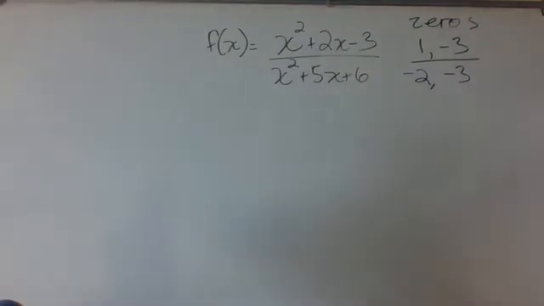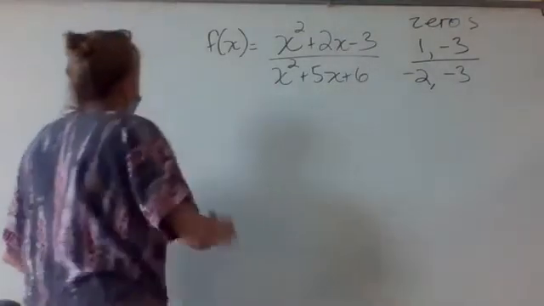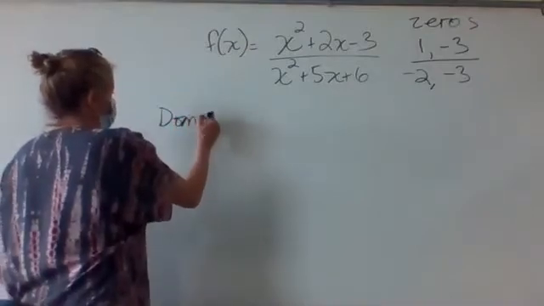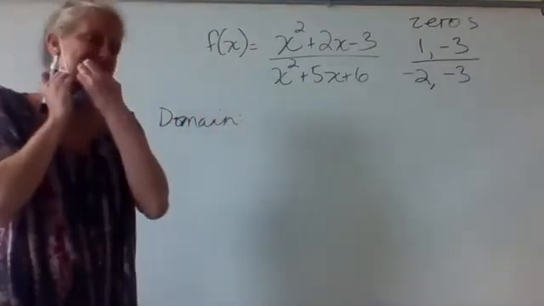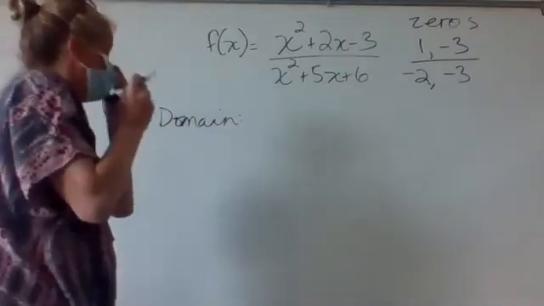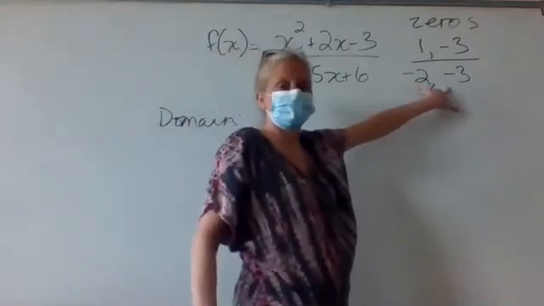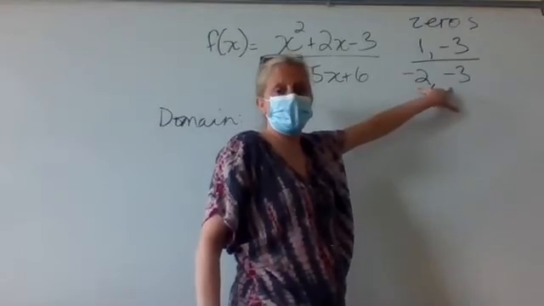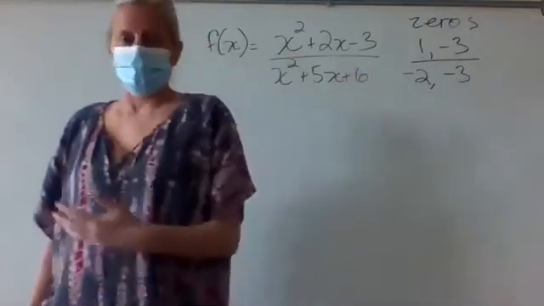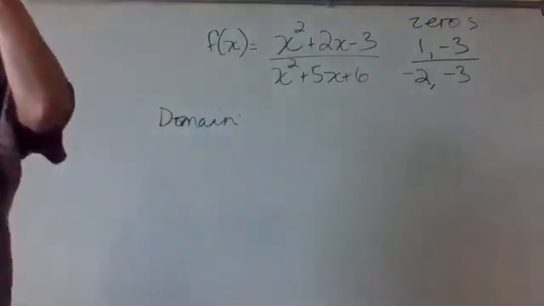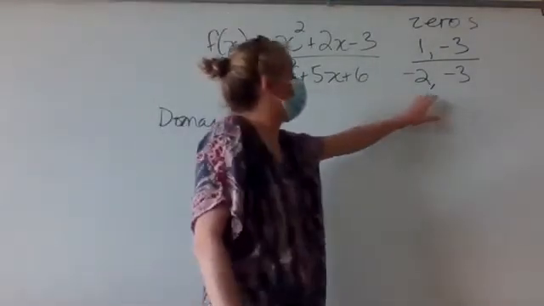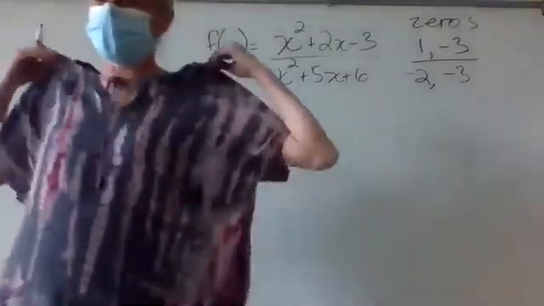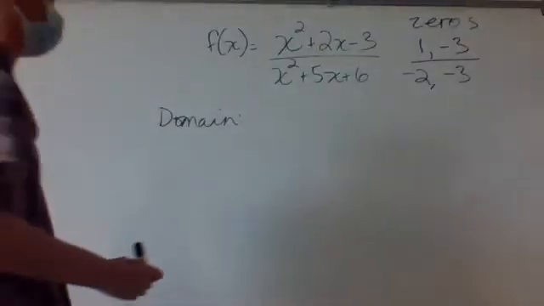All right, the first thing it's going to ask me about this function is, what is its domain in interval notation? So remember, the zeros of the denominator need to be omitted from the domain of the function. So let's see, x cannot be -2 or -3. It wants it in interval notation.